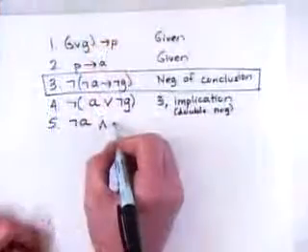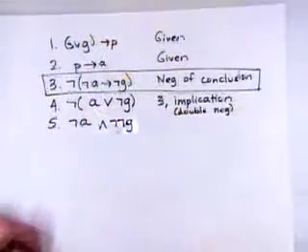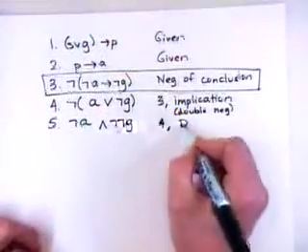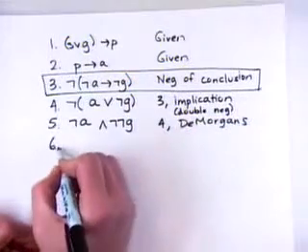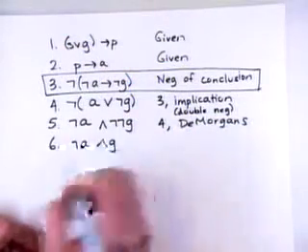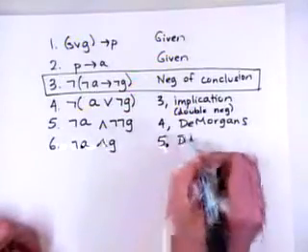Okay. So now I need to do what rule? Distribution. I need to do De Morgan's, which is distribution of not. So I'm going to have not A, and then the or changes to and not G, which is really not G, so I won't skip a step there. That's line 4 in De Morgan's, and I would have to do a double negation step there, not A and G, from line 5, and double negation.